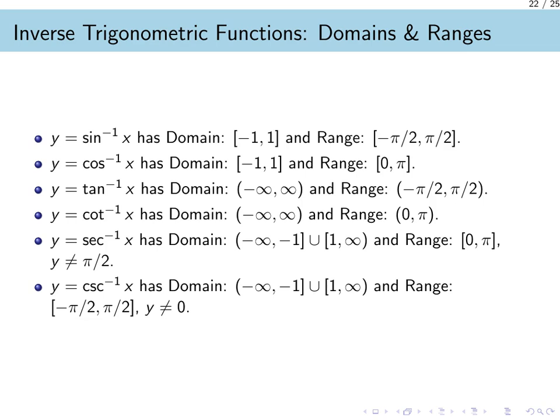This slide summarizes the official domain and range for each of our 6 inverse trigonometric functions, which are the conventions that make them well-defined. For arcsine and arccosine, the domain is the closed interval from -1 to 1, and their ranges are the principal angle values we established earlier. In contrast, arctangent and arccotangent can take any real number as an input, with their output angles restricted to specific open intervals that are similar to the previous two.